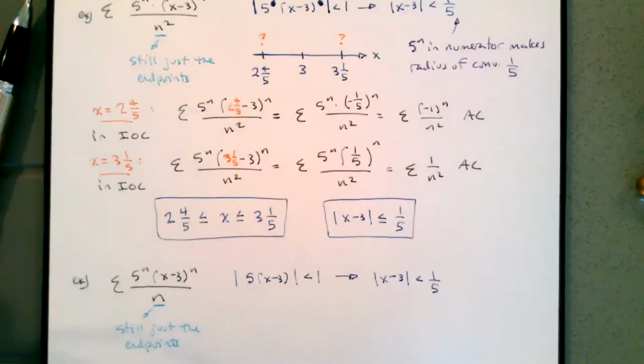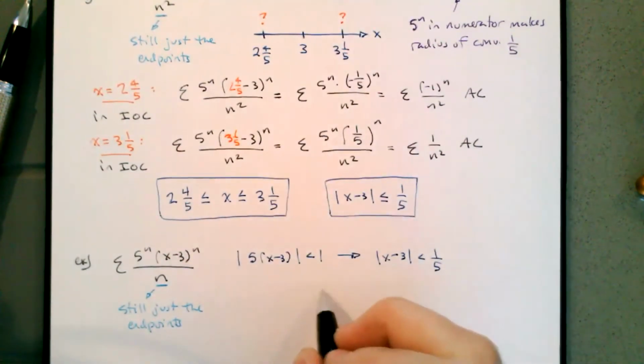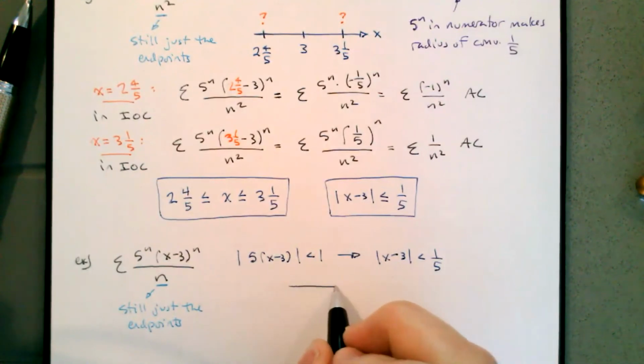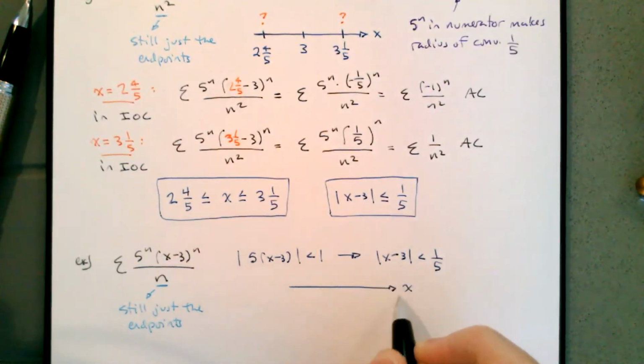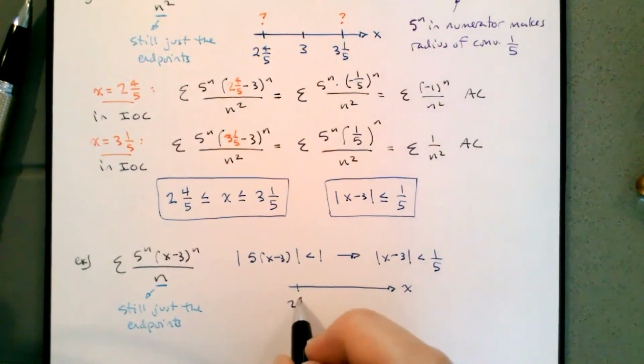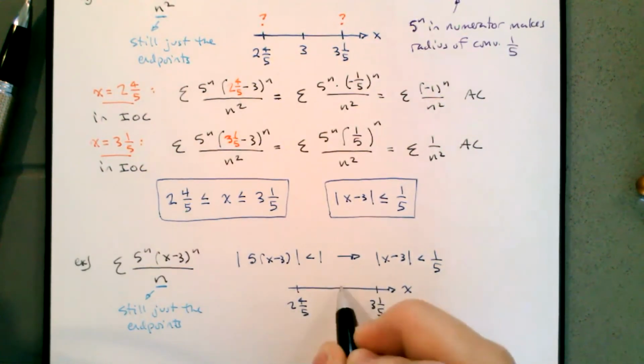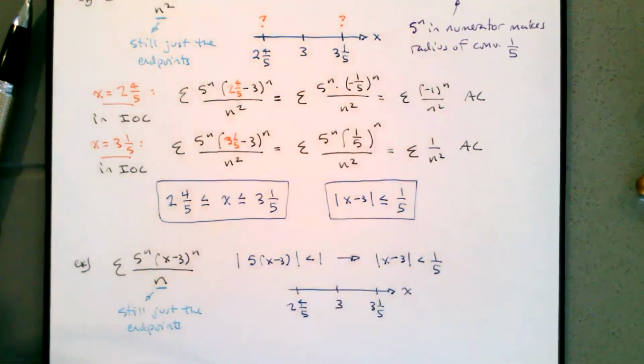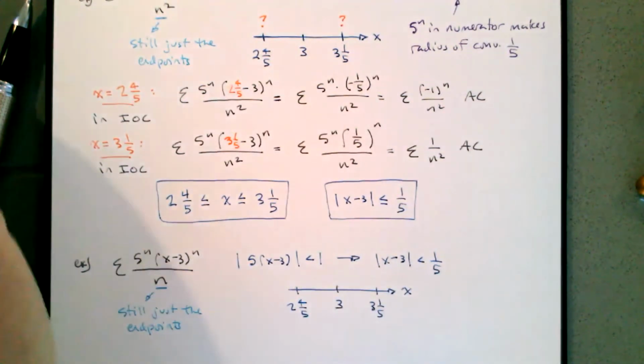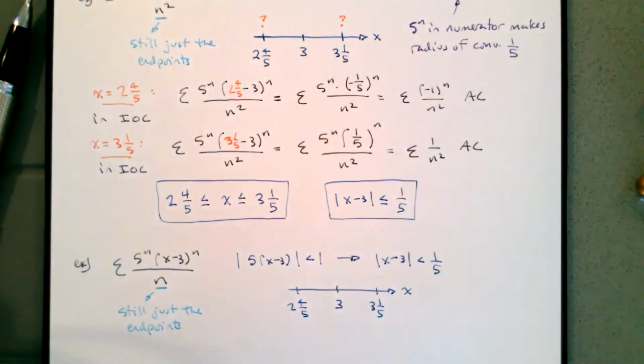And that gives us the same 2 4/5 and 3 1/5. So that's still everything strictly between 2 4/5 and 3 1/5, with 3 in the middle. But we still have to check the endpoints.